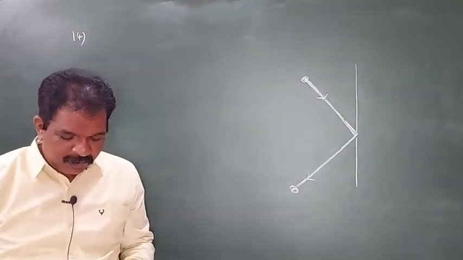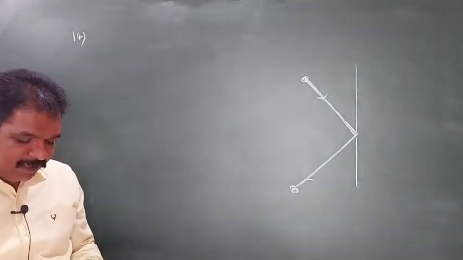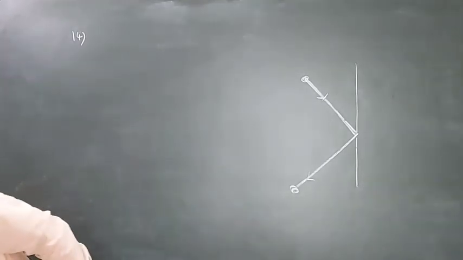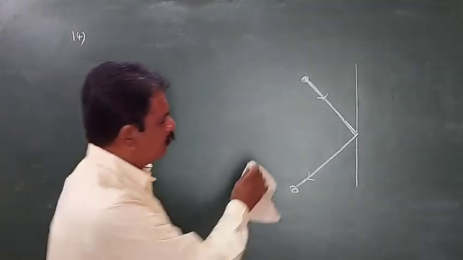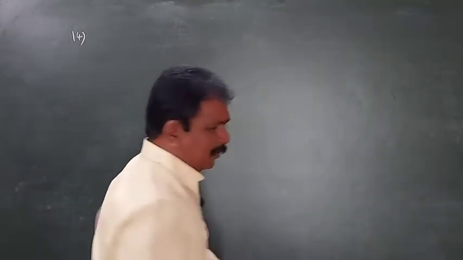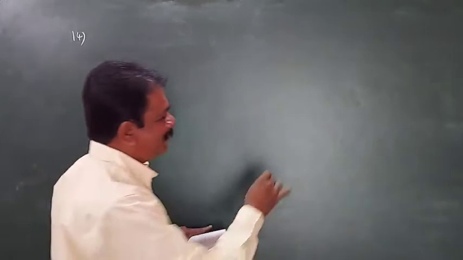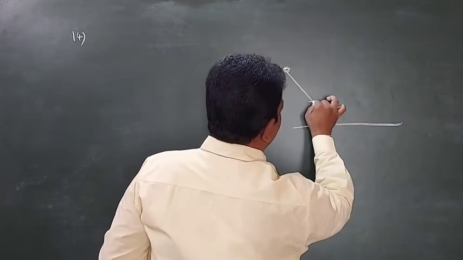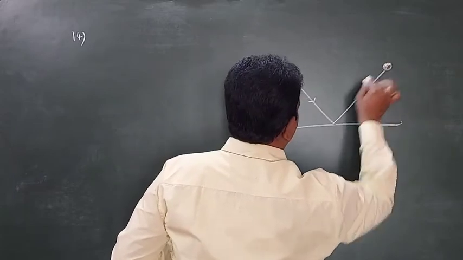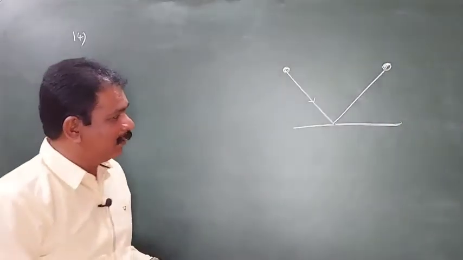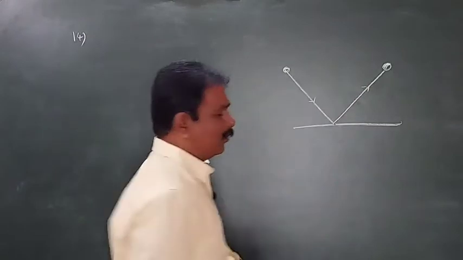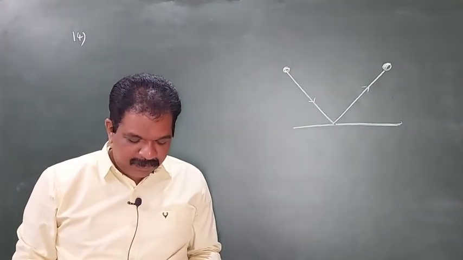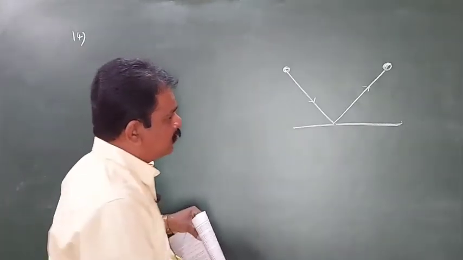A molecule in a gas container hits the horizontal wall and rebounds in that manner, at an angle of 30 degrees with the normal.